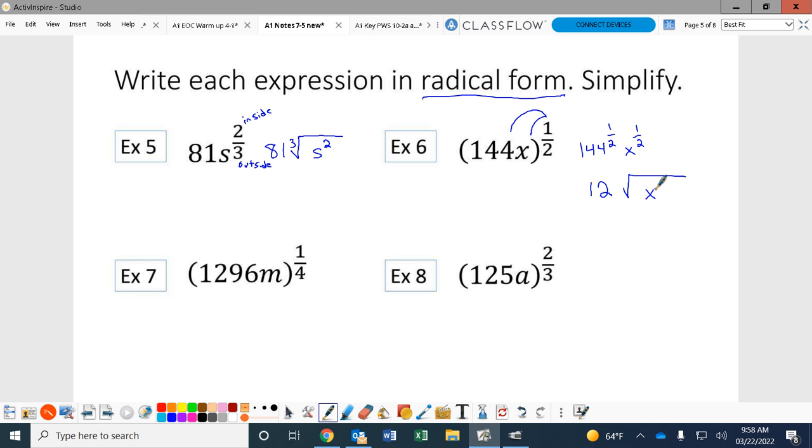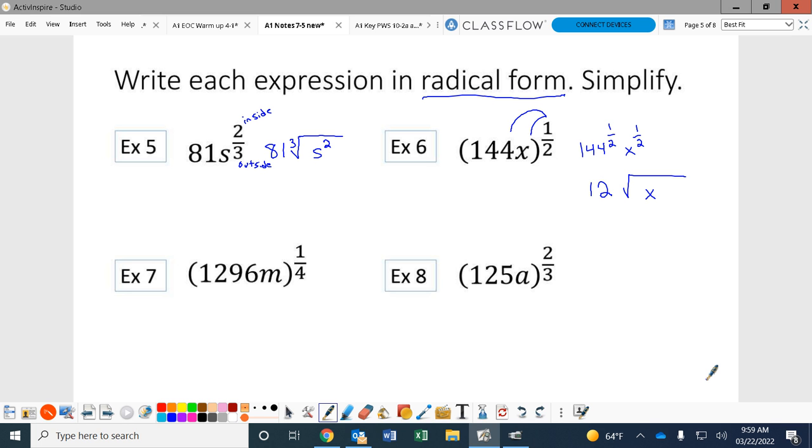Thank you. And then on the outside, it's 2. Do I need to write anything there? No. If you write a 2, I'm not going to take off, guys. But if you don't, it's the same thing, because the square root symbol always has a 2 right there. Okay? Anybody have any questions before we keep going?